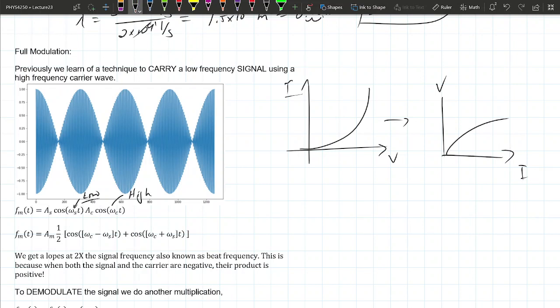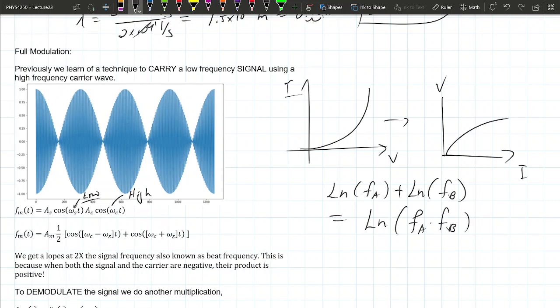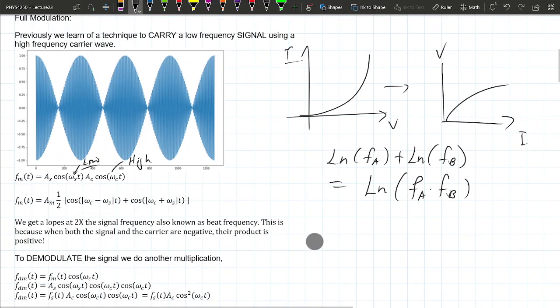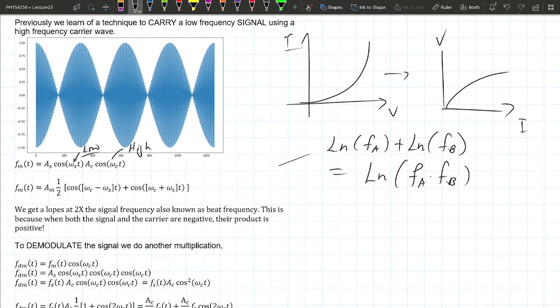The magic of the log function is that when you have the natural log of some function A, and you add it to the natural log of some function B, you end up with the natural log of A times B. Basically, it converts additions into multiplication. And that's the magic of diodes. So these little diodes allow you to do this multiplication in electronics.